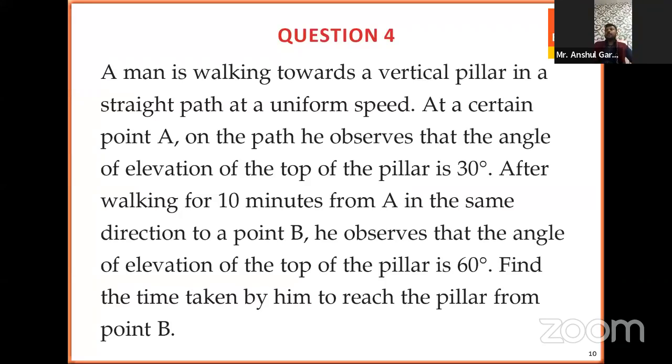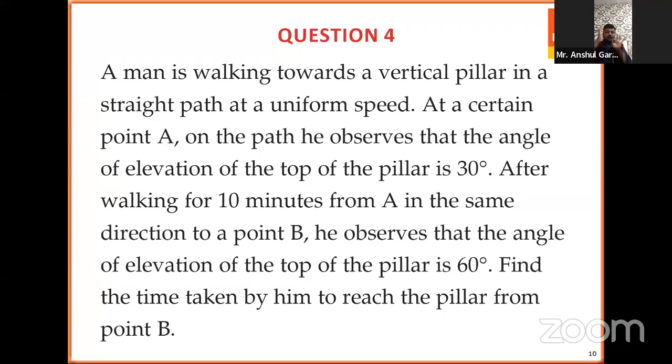Yes. So see, there is a man walking towards a vertical pillar, in a straight path with uniform, constant speed. So at a certain point A, he observes the angle of elevation at the top is 30 degree.